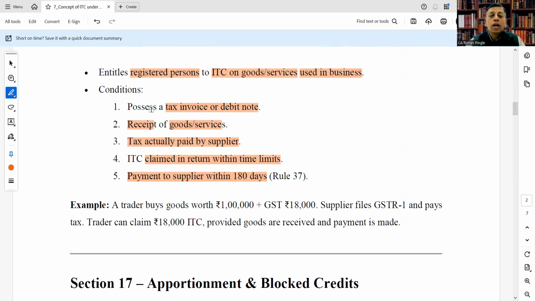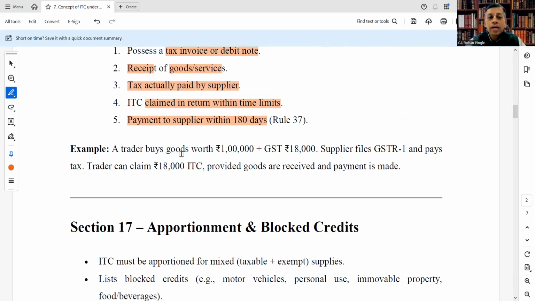So what are the conditions? Mainly a tax invoice or debit note should be there. You have received goods or services, tax actually paid by the supplier, ITC claimed in return within the time limits, and payment to supplier within 180 days. Let's see an example. A trader buys goods worth rupees 1 lakh plus GST 18,000. The supplier files GSTR-1, his sale return, and pays tax.